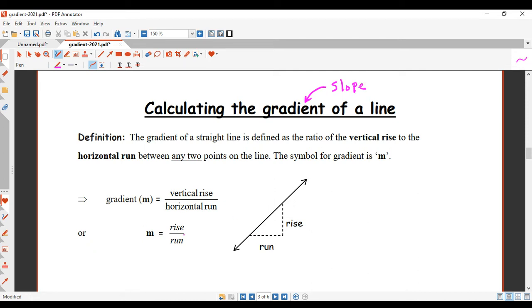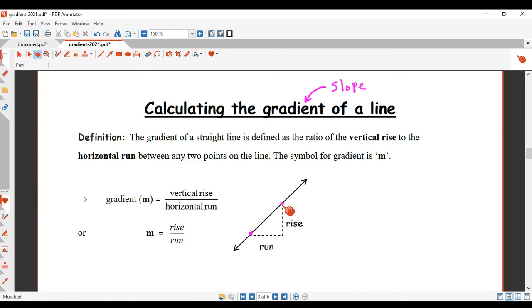So gradient is the vertical rise over the horizontal run. It means you pick any 2 points on the line and you work out the horizontal run. So to get from one point to the other, you've got to travel along a right angle. So you work out the horizontal and vertical travel components there. Okay. Typically we do the rise part first.